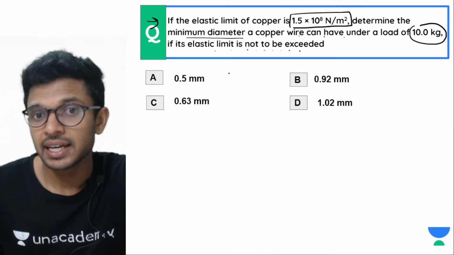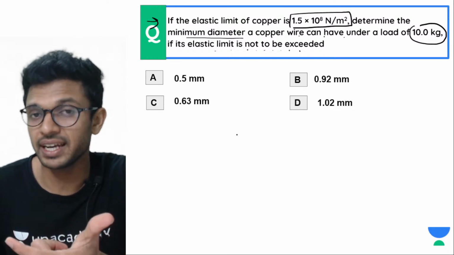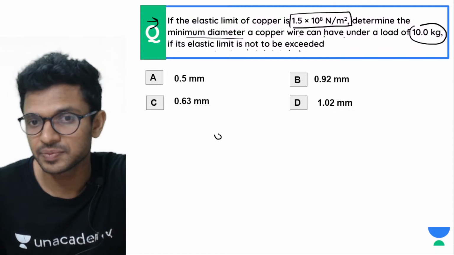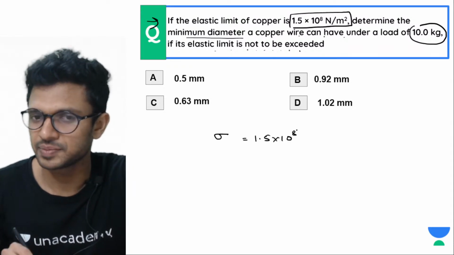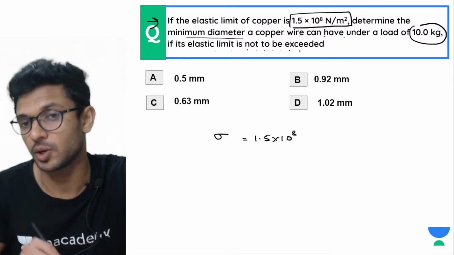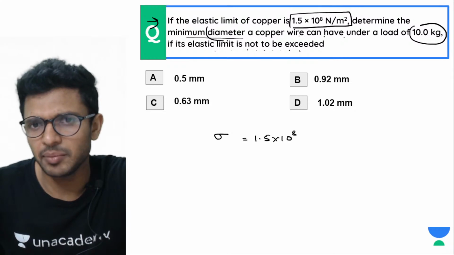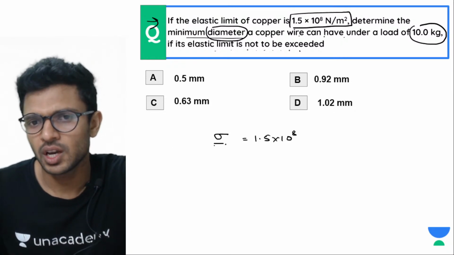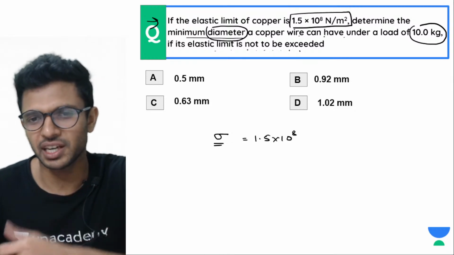It is given that the elastic limit, the maximum value of stress the body can have so that it stays in its elastic limit, is how much? 1.5 into 10 power 8. Okay? So the maximum value of sigma the body can have is 1.5 into 10 power 8. The question is the diameter of the copper wire. So how can you express sigma? What is the formula for stress?